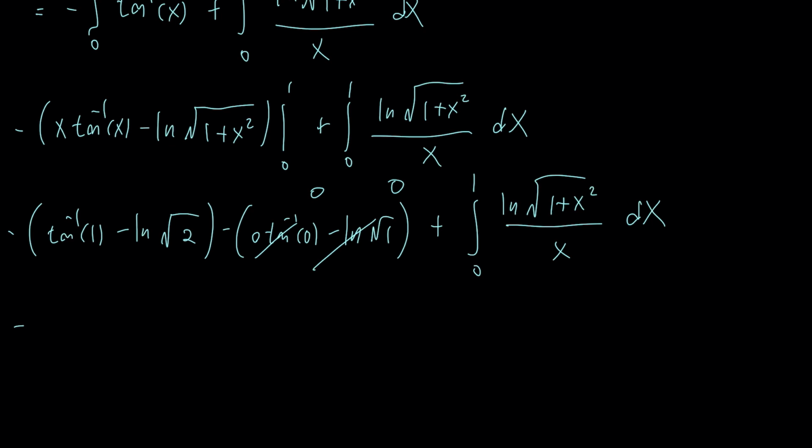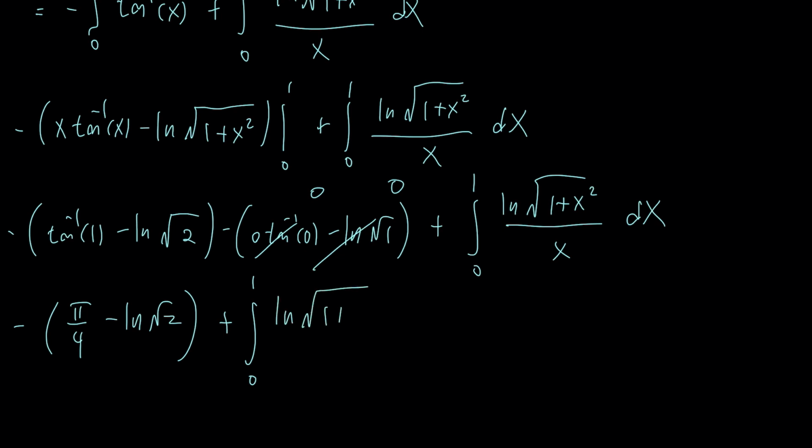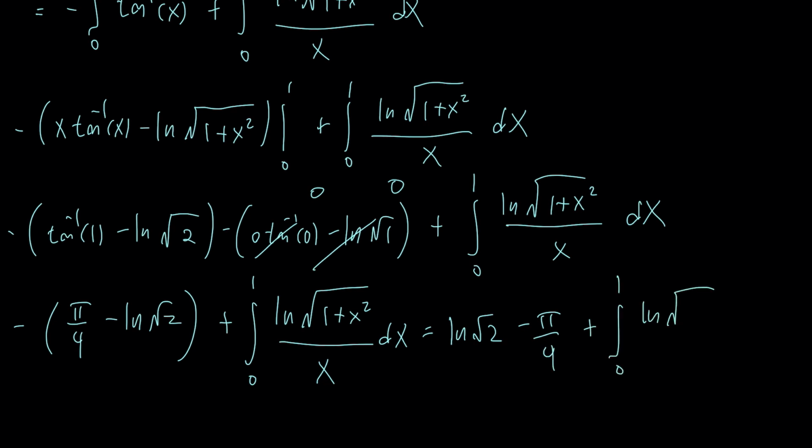So we're left with negative inverse tangent at 1, which is pi over 4, minus the natural log of the square root of 2, plus the integral, which is equal to the natural log of the square root of 2 minus pi over 4 plus the integral from 0 to 1 of the natural log of the square root of 1 plus x squared over x dx.